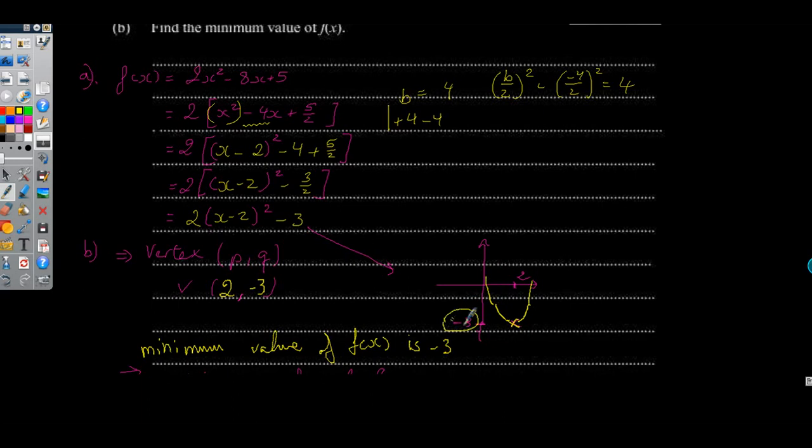Is this minimum value here that we're looking for? We could add, and it occurs at the x value, x equals 2. That properly answers the question for the minimum value.